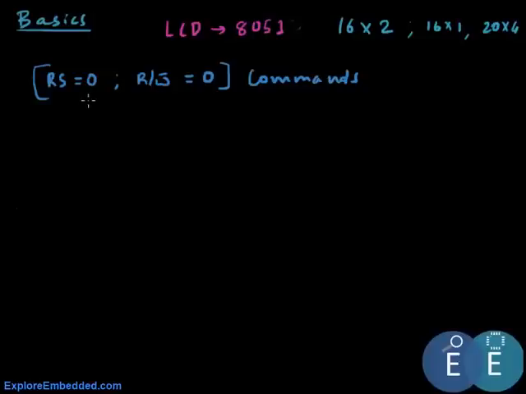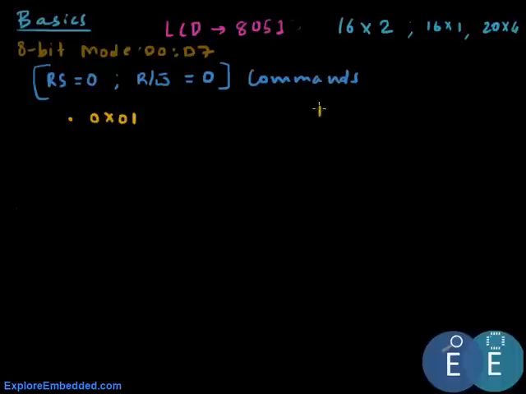If register select and read write are both 0 and we send a command on the data lines, assuming we are discussing 8-bit mode, where we have the entire data bus D0 to D7, so the first command would be to clear the LCD, and this would be 0x01 in hex.